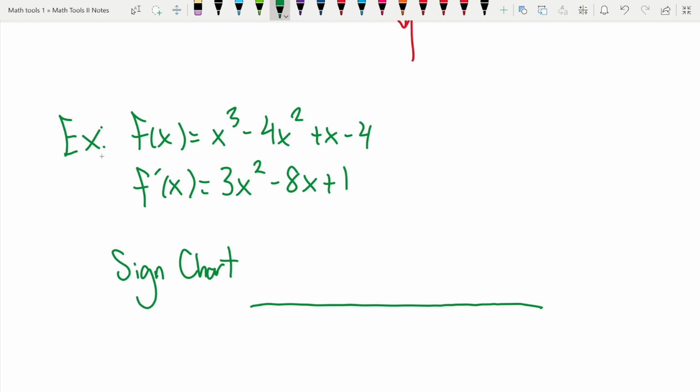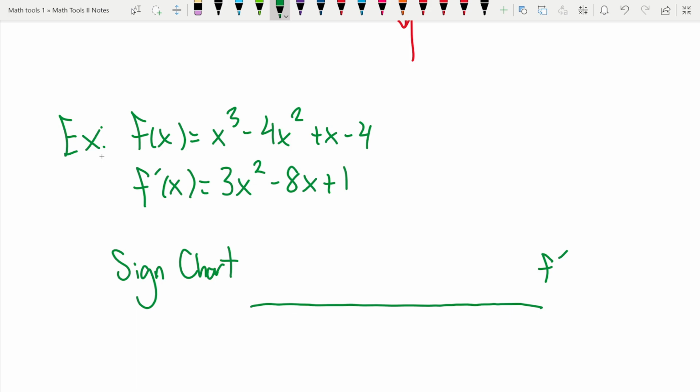If not, the idea is that a function can only turn from negative to positive when you go through the x-axis, meaning that the function is 0, or at a place where the function is undefined. In this case, f prime is the function we're looking at, not f.